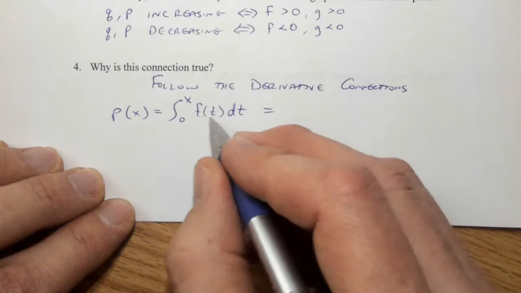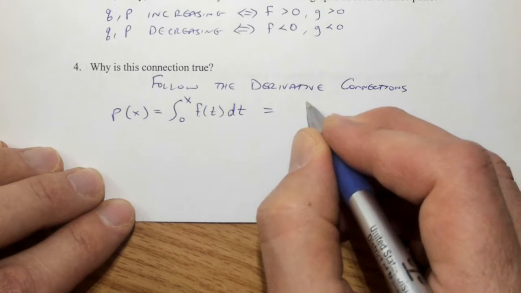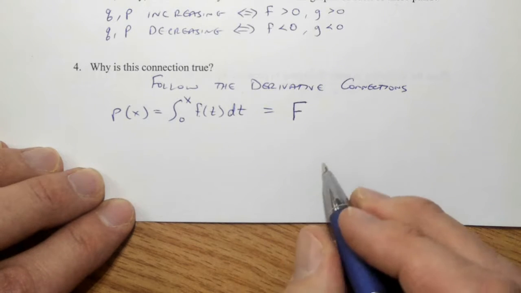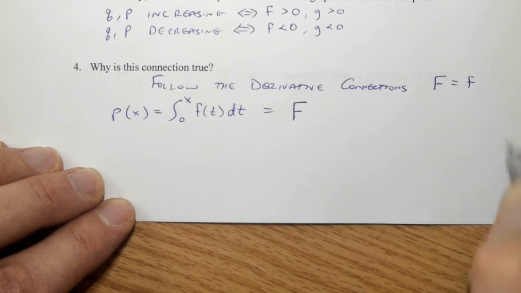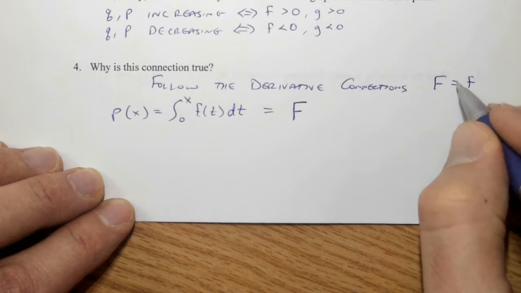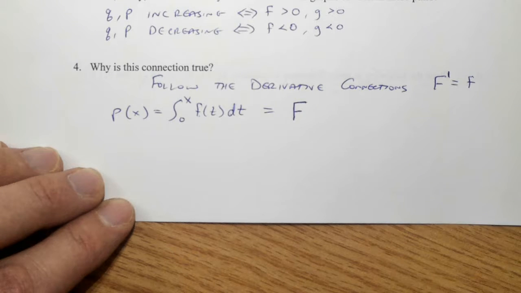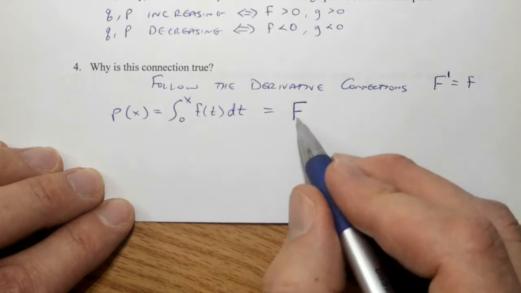Well, we need to take the antiderivative of f. We don't really have a symbol for that that we know so far. So I'm going to make this capital F. All right, capital F is the antiderivative of little f. In other words, if we take the derivative of big F, we get little f. And if we take the antiderivative of little f, we get big F.